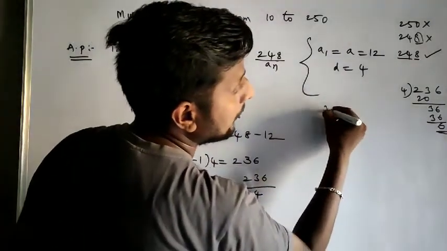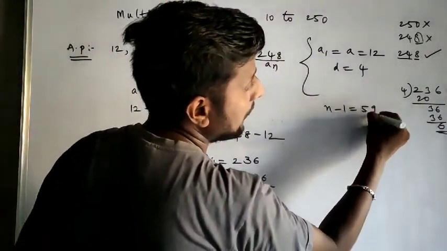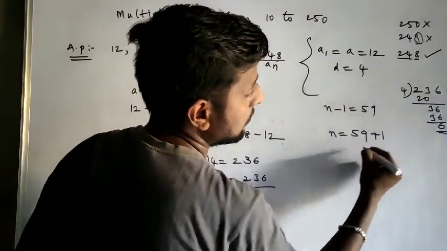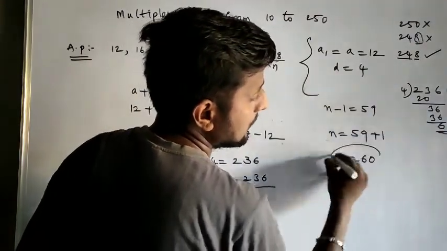So here I'll write n minus 1 is equal to 59, the minus 1 will become plus 1, n is equal to 60.